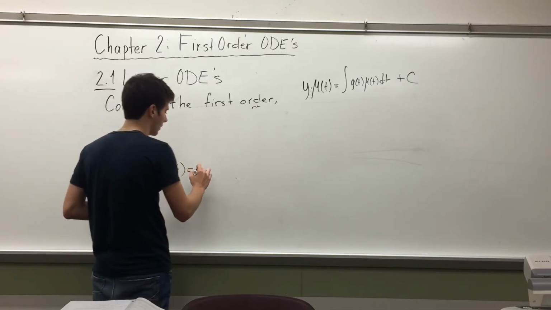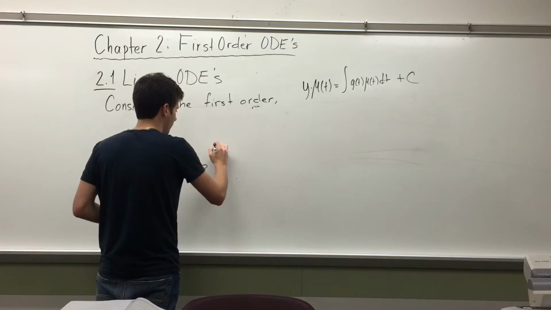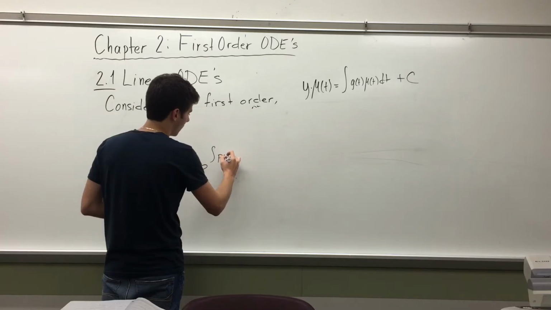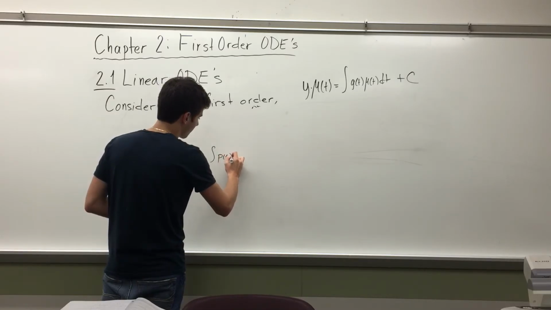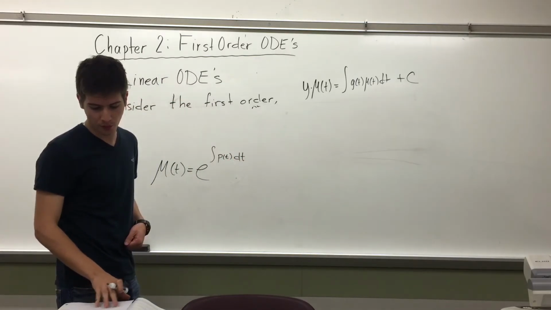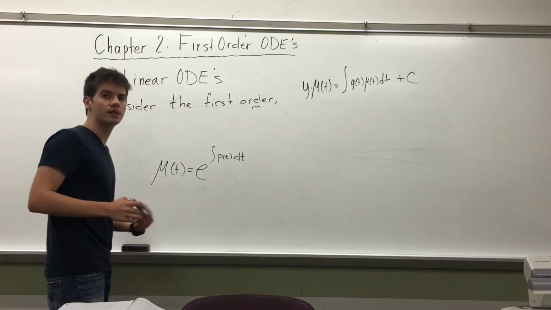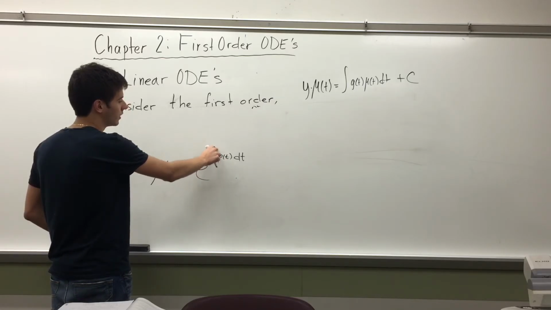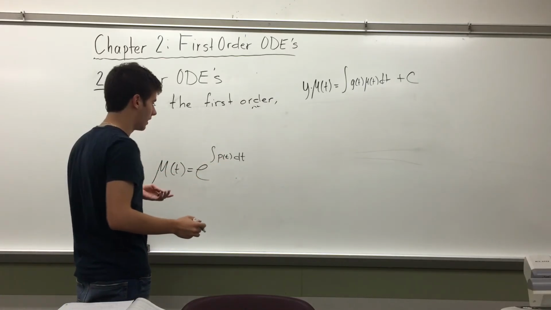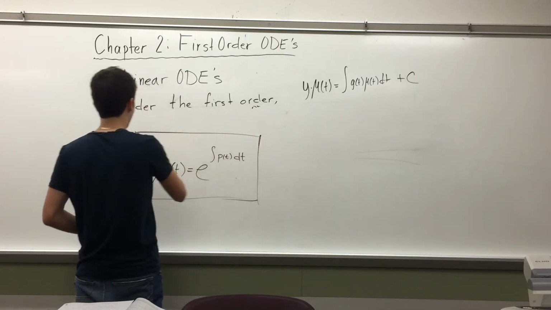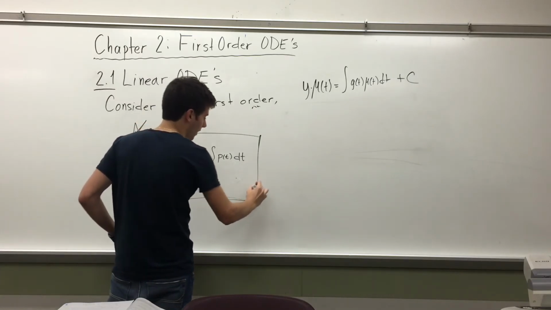The integrating factor is how we know how to solve first order ODEs. There are other ways as well, but it's actually not that bad. I wrote the integrating factor in a different form here, but as we're going to see in examples, I write it as p of t instead of p of u, and without the bounds. Next video I'm going to explain why. This is something I would highly recommend you memorize.